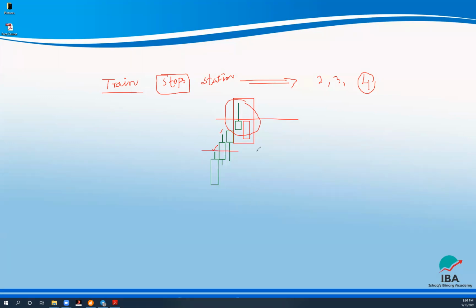So if there is a rejection, this station is broken; this station has a stop. We need to recognize, when the price is moving up or down, which are the stops for this movement, which are the weak stops and which are the strong stops.